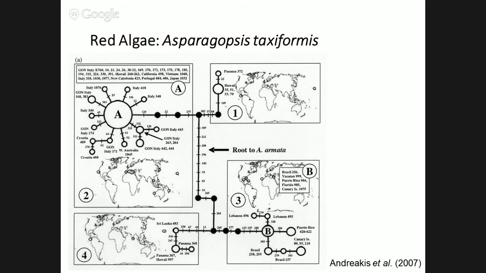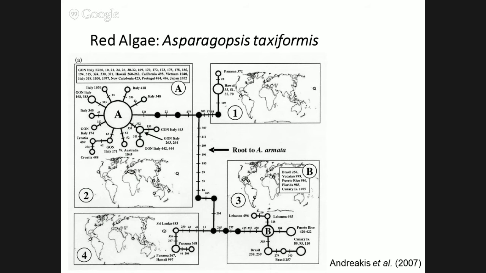So they have lineage 1 up here. Each of these lineages has a map of the world beside it where you can see its distribution. They have lineage 2 over here, and you can see the number of differences amongst these 2 lineages. They have lineage 3 over here and lineage 4. Okay, and you can see that the number of base pair differences between these lineages, they're pretty well delimited.